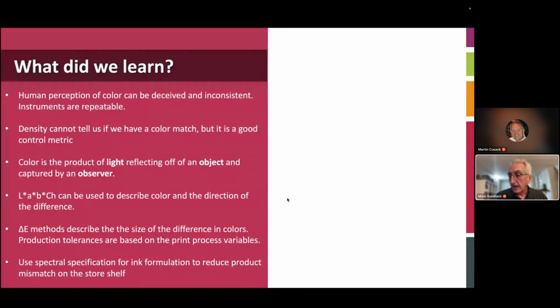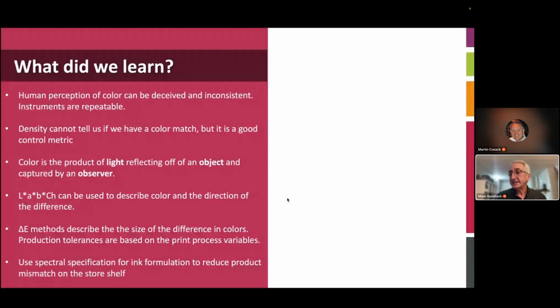There are more expensive viewing booths out there that match the spectral energy of D50 more closely. The less expensive ones are going to use fluorescent lamps, where the spectral curve is not a perfect match to the D50 standard, but they're within tolerance of it. So you still may see a slight differentiation between those two patches under that condition.